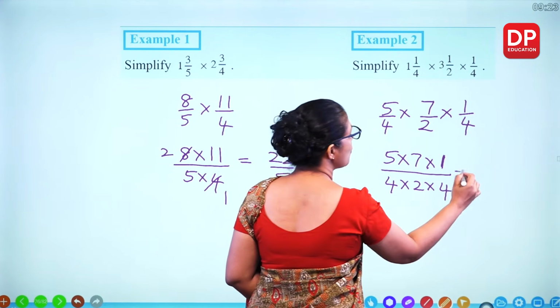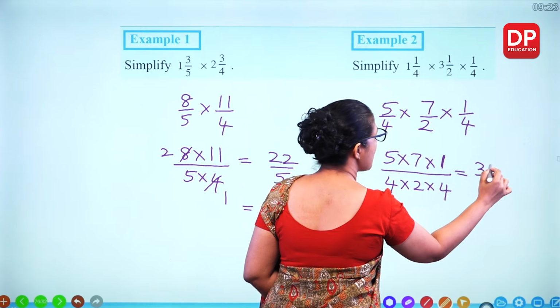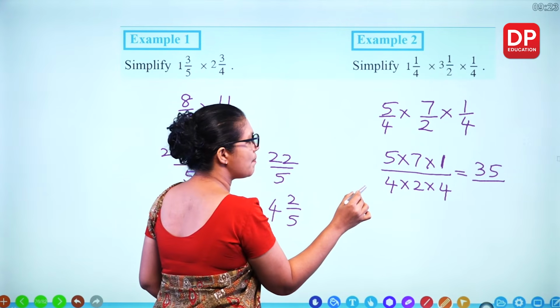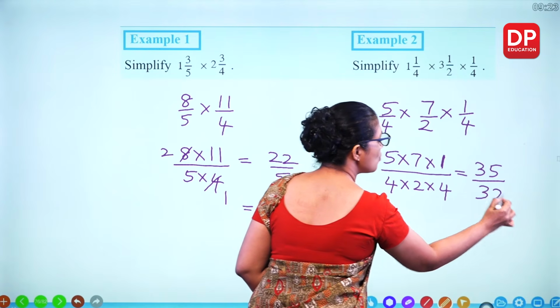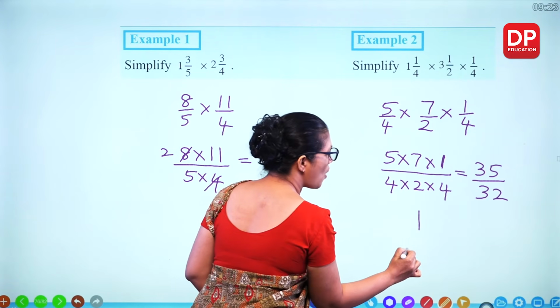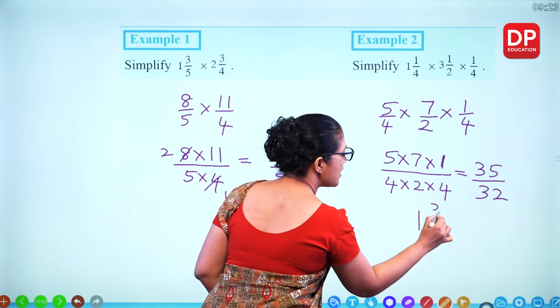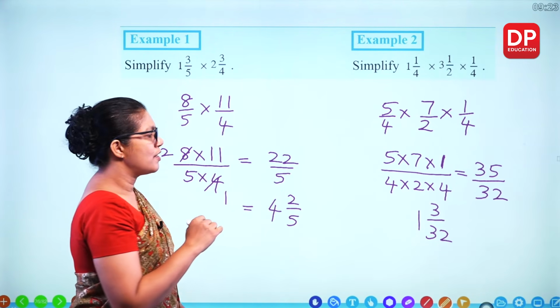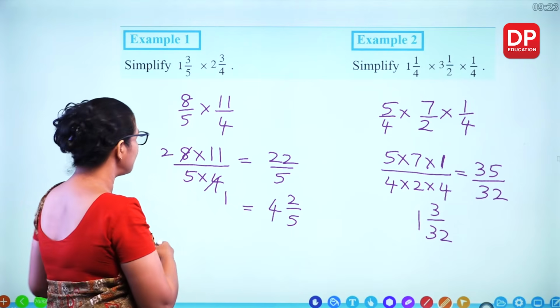No. So 5 times 7, 35. 4 times 4, 16 into 2, 32. Now divide, how many 32s for 35? That's 1. What's the remainder? 3 out of 32. 1 and 3 over 32.